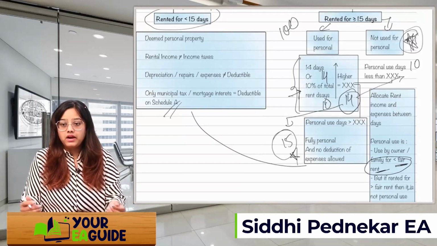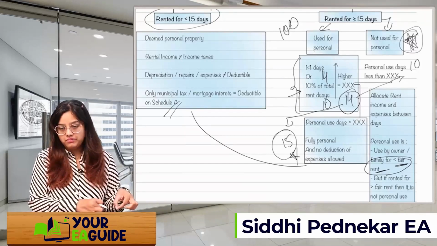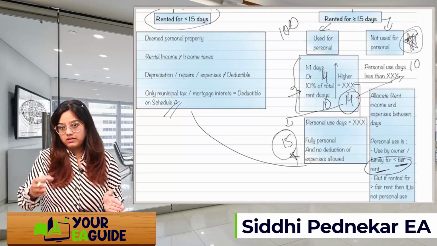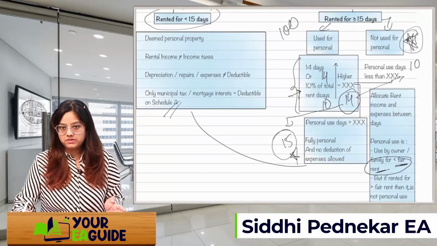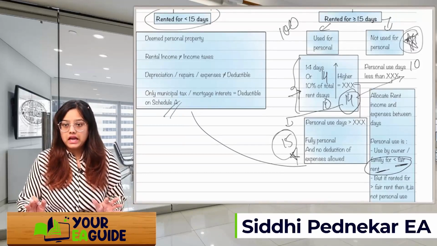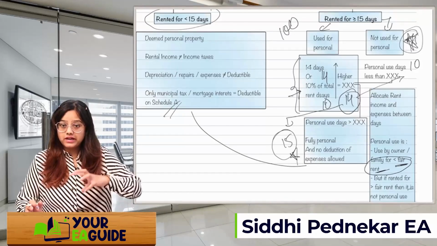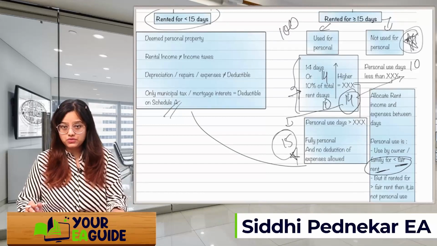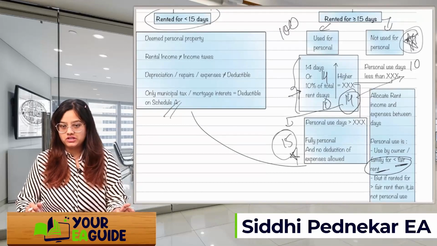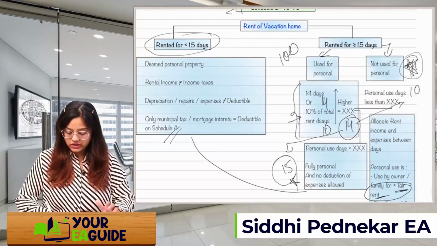If I'm charging them the same 10,000 that I'm charging other people, then I'll consider those as rented days, not personal usage. But if I'm giving it to them free, saying you can conduct your event, then that is personal usage days. So that will be considered here in the calculation.